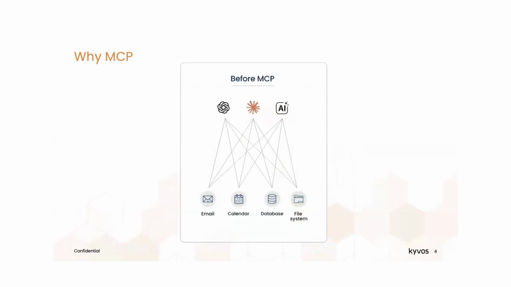Okay, but then why is MCP needed? So let's assume we do not have MCP and I am writing multiple GenAI applications. And in my GenAI applications, I need to fetch data from various data sources, be it email, some database system, some file-based system, or a calendar, right?